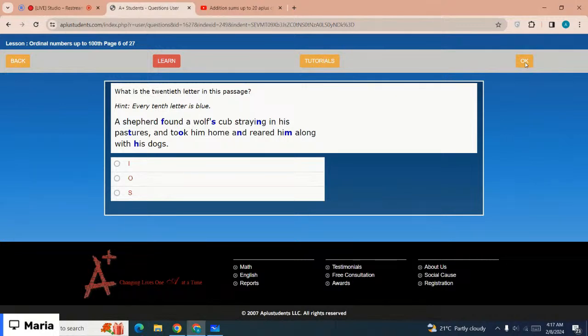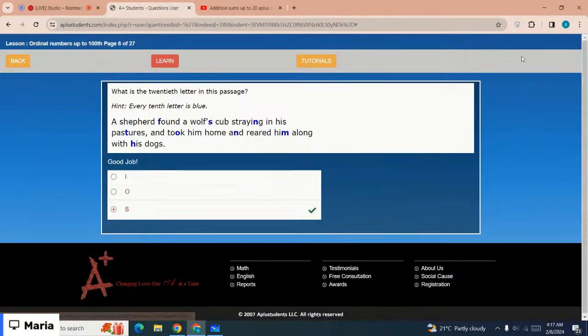So, which is the correct option? 20th letter, that is S. Very good, because every 10th is blue. So, the first one is 10th, so second one is obviously 20th letter.